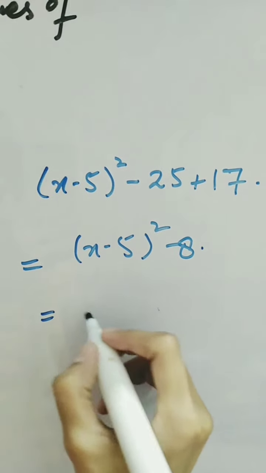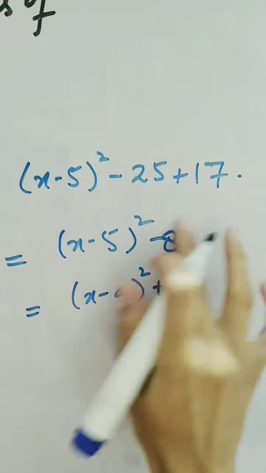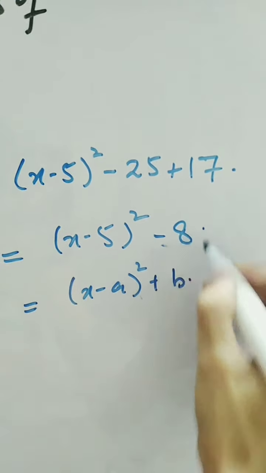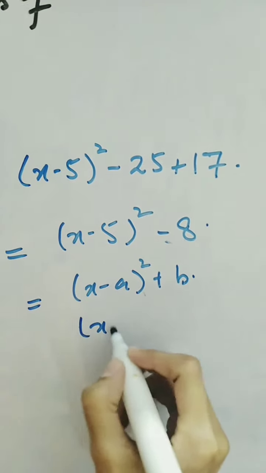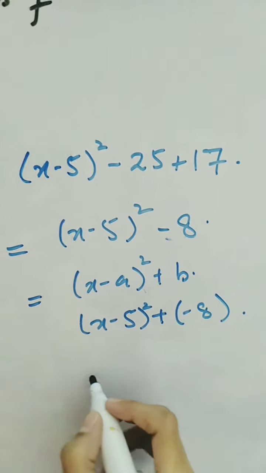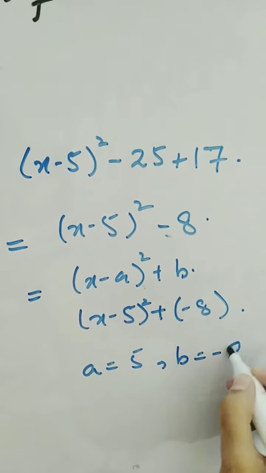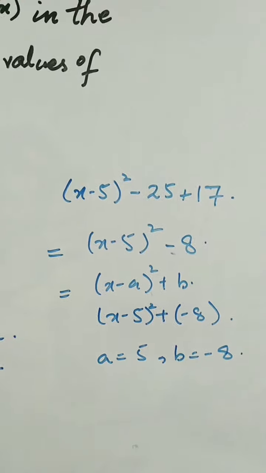So according to the given form, which is x minus a whole square plus b, if we write it in this form, it becomes this. So we have a is equal to 5 and b is equal to minus 8.